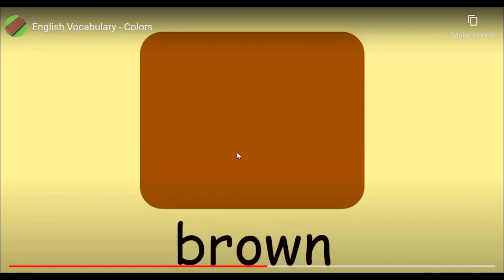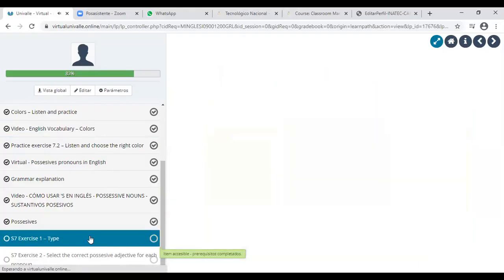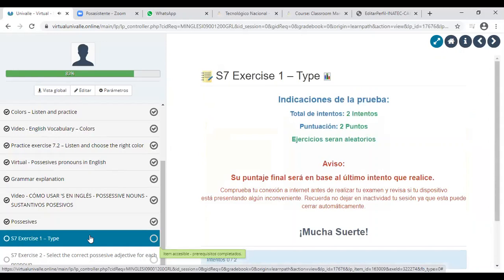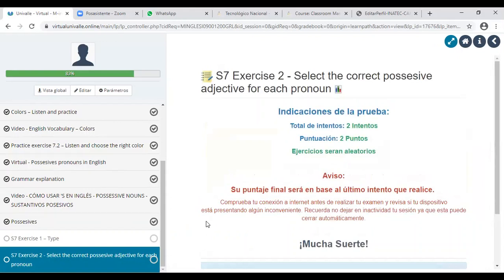Now, guys, now in here you're going to have two exercises that are going to be evaluated. And number one, you have to type, and this exercise goes for 2 points. Also, we have exercise number two, select the correct possessive adjective for each pronoun.